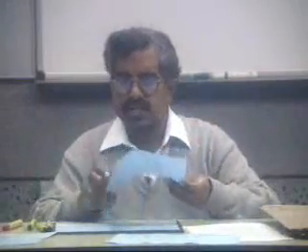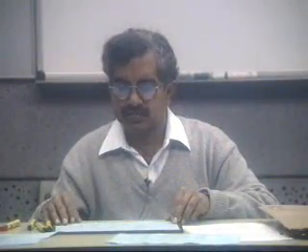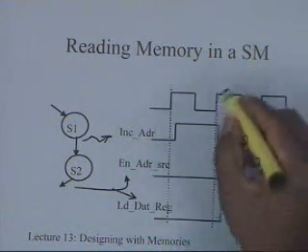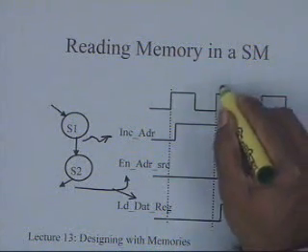So, reading memory in a state machine. SM here stands for the state machine. Assume that the source for the address is a counter, and I am performing an increment to the counter each time I am writing into the next location. Let's say for a very simple case. So my address should be set up. Let us say I am going to perform the read.